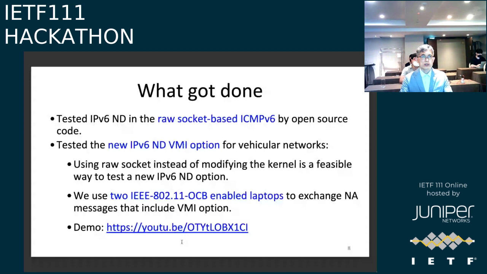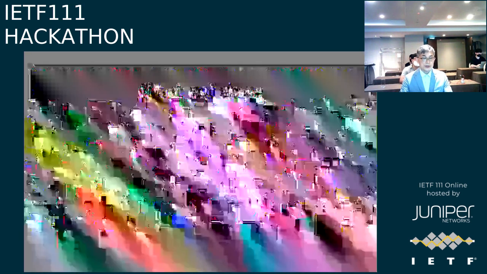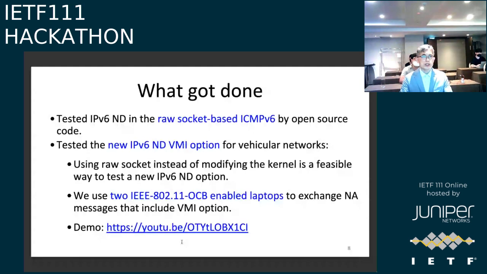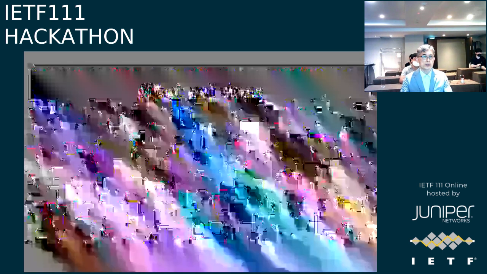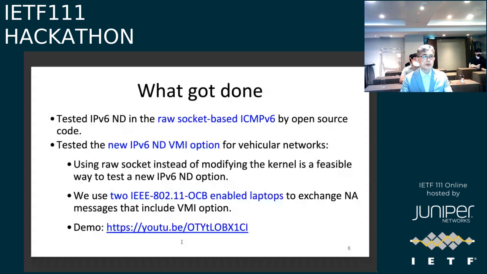What got done? We tested IPv6 neighbor discovery in raw socket-based ICMPv6 with open source code. Then we demonstrated that the raw socket is a feasible approach to test a new IPv6 ND option.